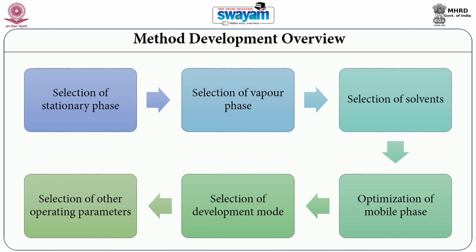PRISMA is a statistical geometric way of optimizing the strength of solvent and the selectivity of the mobile phase so that the best combination can be achieved for the best separation of the analytes in the mixture.